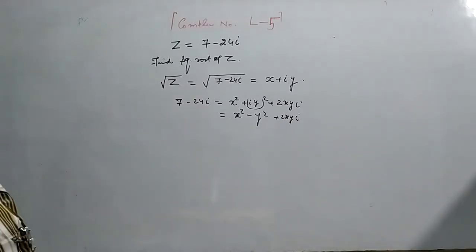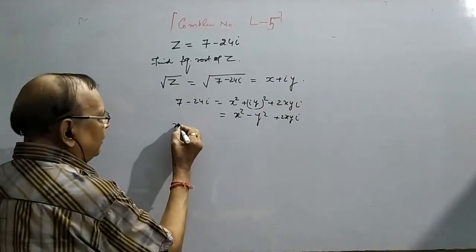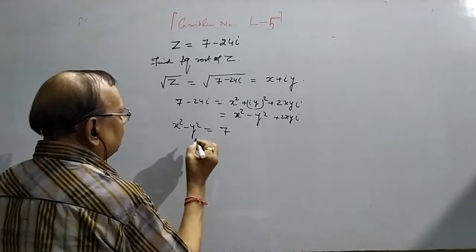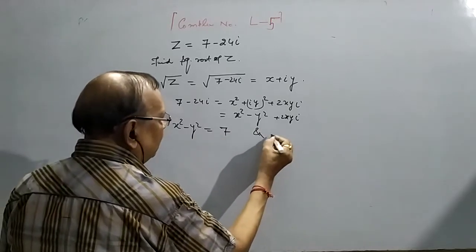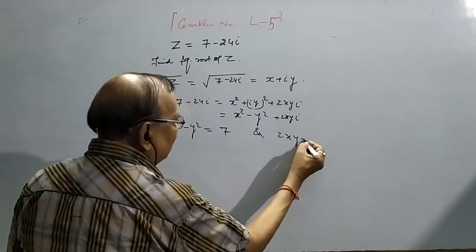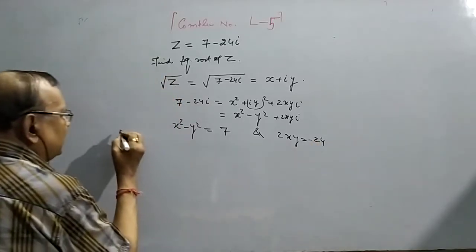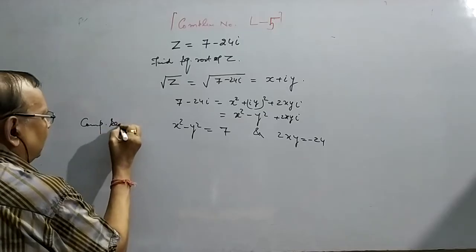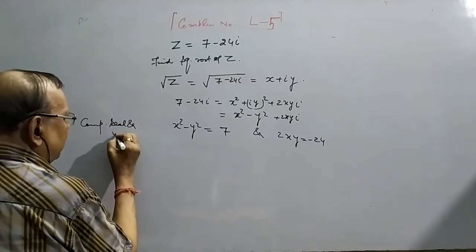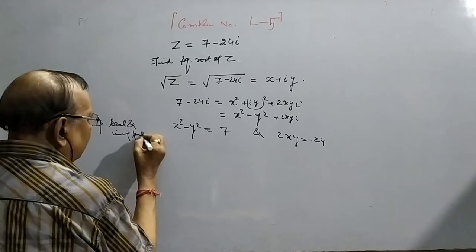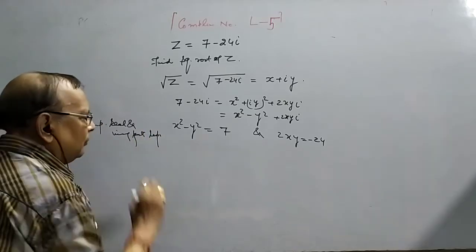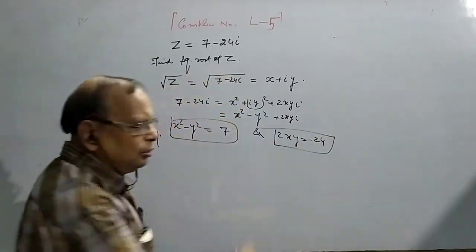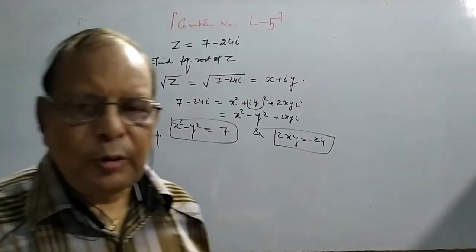Comparing real and imaginary parts, we get x square minus y square is equal to 7 and 2xy is equal to minus 24, comparing real and imaginary parts respectively. We get these two results, with the help of which we have to solve for x and y properly.